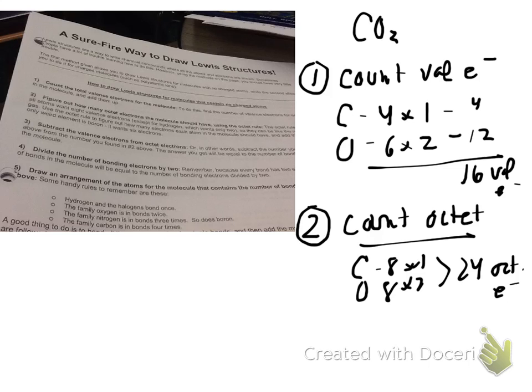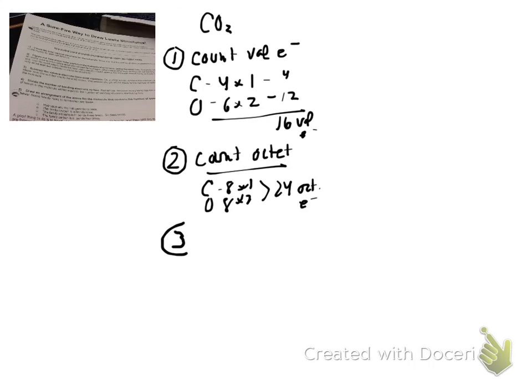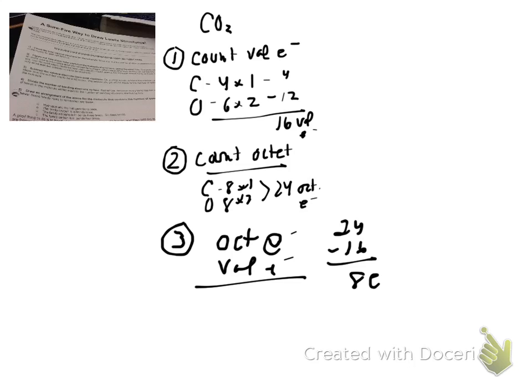If everybody was completely surrounded by 8 electrons, there would be 24 electrons. Now, the third step is to figure out how many they're going to share. If everybody was happy and had 8, we'd have 24, but there are only 16 electrons between them. So we subtract the number of valence electrons from the number of octet electrons. That's 24 minus 16. There are 8 electrons that they're going to have to share if everybody's going to feel satisfied.